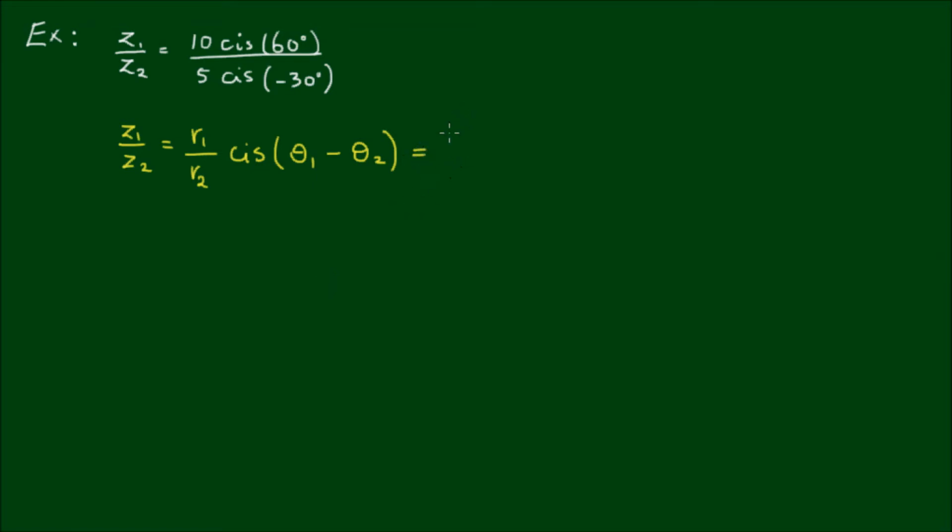So r1 is 10 over r2, which is 5, then cis, and the first argument is 60 degrees minus the second argument, negative 30 degrees. And 10 over 5 is of course equal to 2 by cis, and then 60 minus negative 30 degrees is 90 degrees.